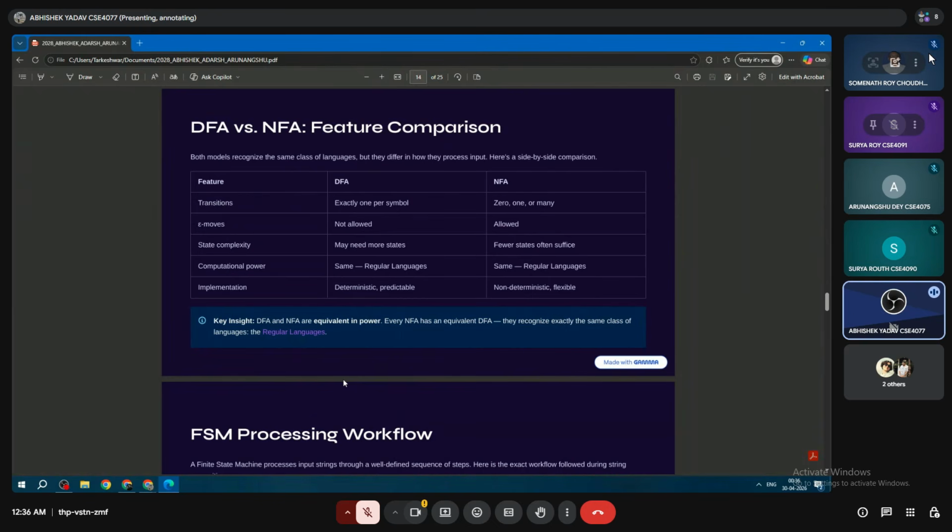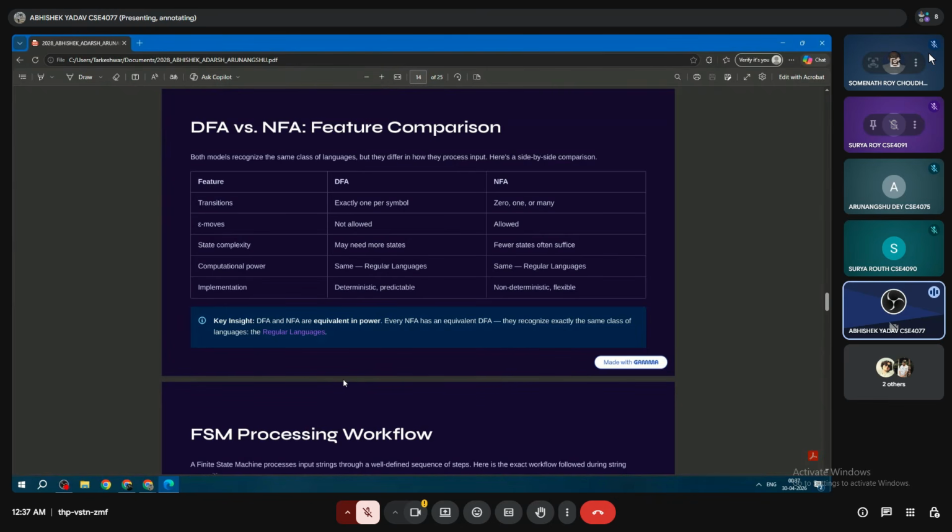Epsilon moves are not allowed in DFA, but allowed in NFA. For state complexity, DFA may need more states, but in NFA fewer states often suffice. For computational power, both recognize the same regular languages. For implementation, DFA is deterministic and predictable, but NFA is non-deterministic and flexible.